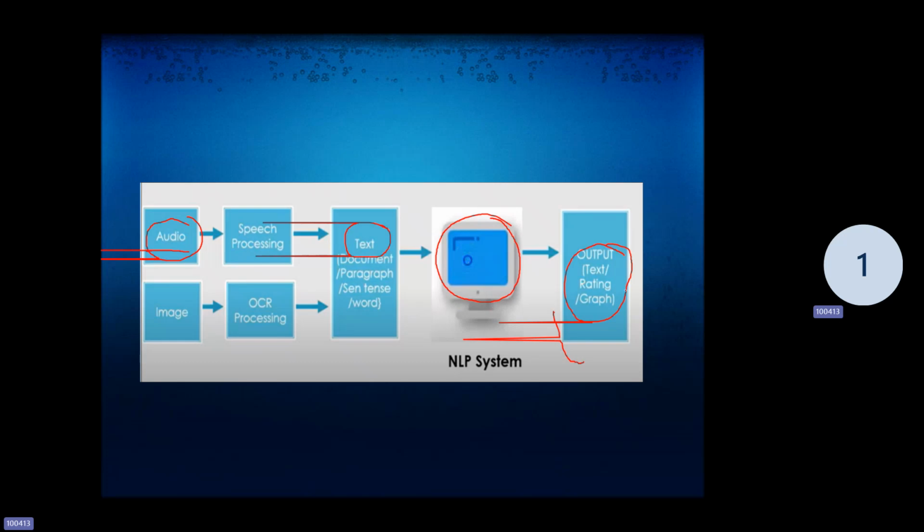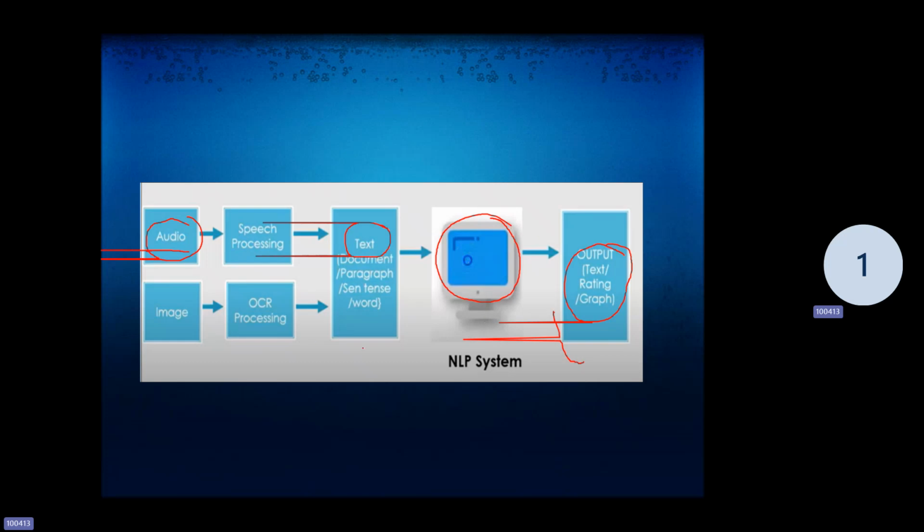So there are so many possibilities. Maybe your input is in the form of audio and you get output in the form of text. Maybe it's possible your input is audio and you get output in the form of audio.